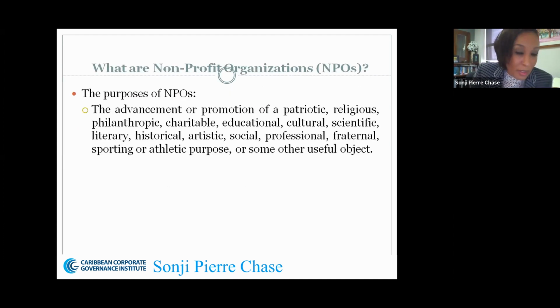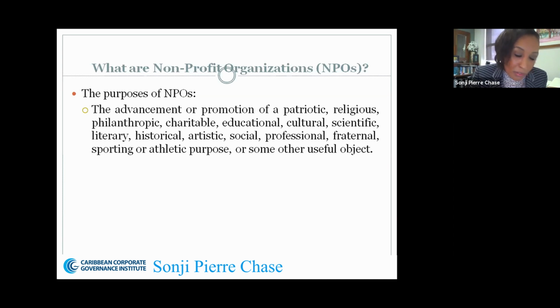Right, purposes of NPOs. So the purposes are the advancement, promotion of, and just pay attention to some of these words because you would see how far and wide the NPO Act reaches, okay?